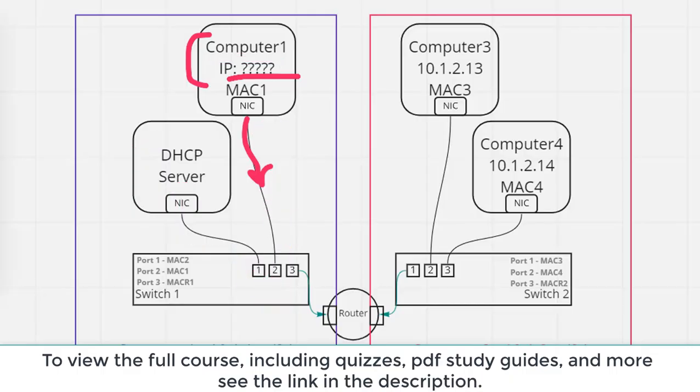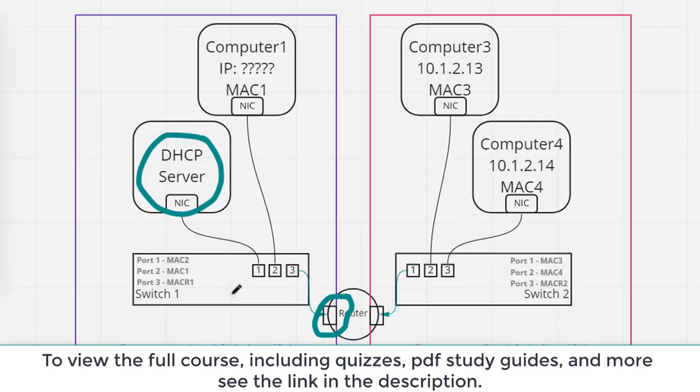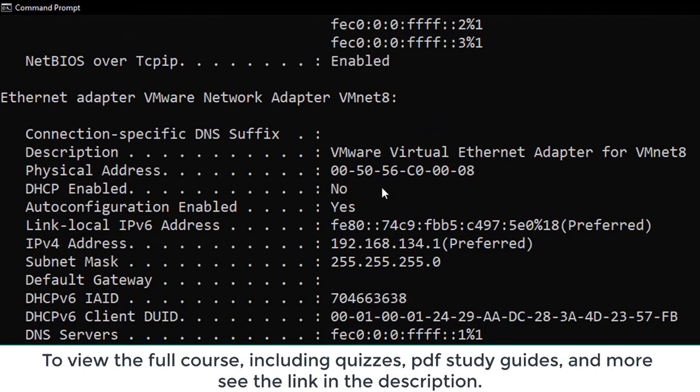And there are a few different ways that we can do this. In this diagram, we've got a dedicated DHCP server, but we could also have the router performing this function as well. That's a common configuration also. So DHCP is essentially here to configure much of the stuff that we see when we put in the ipconfig command.